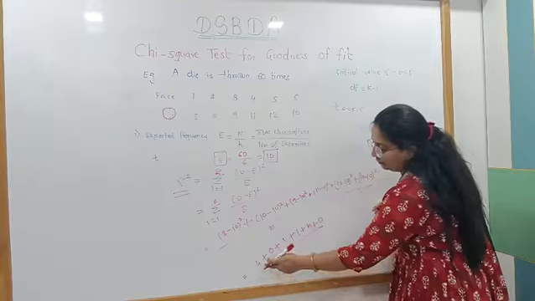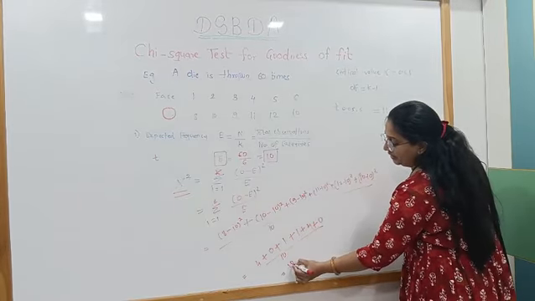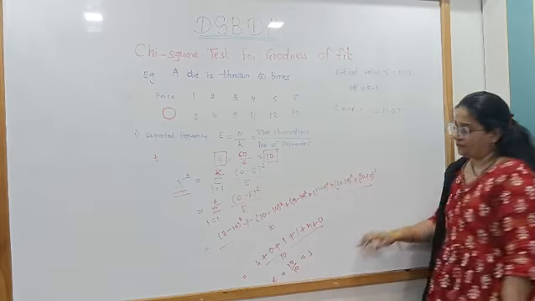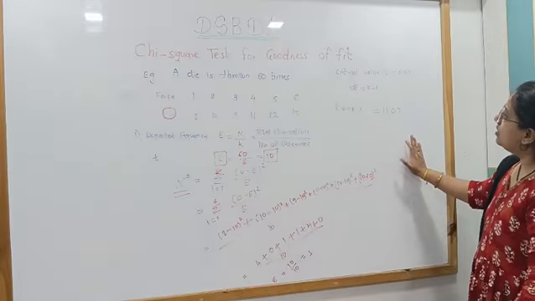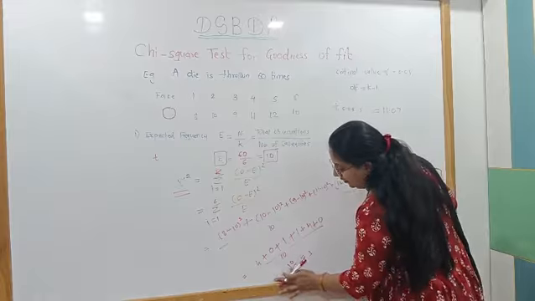So in total, 4 plus 1 is 5, 5 plus 1 is 6, 6 plus 4 is 10. So it is 10 divided by 10. The answer is 1. So the value of chi square is 1.